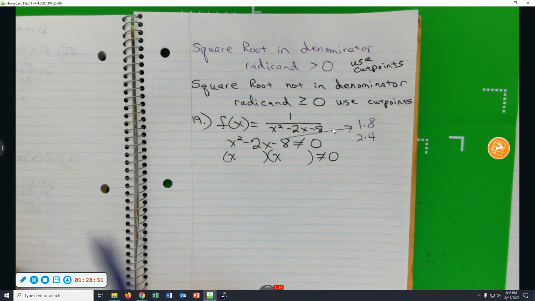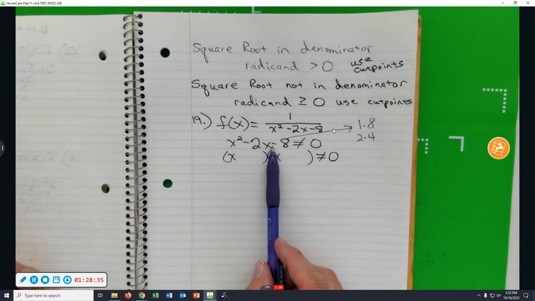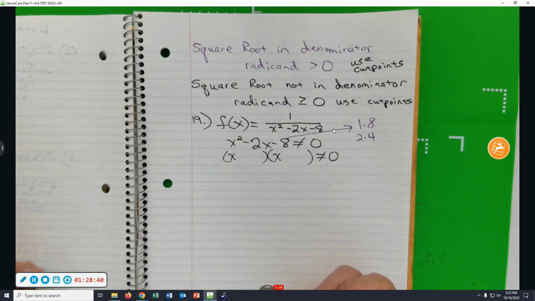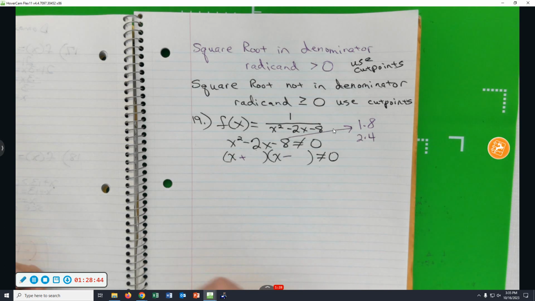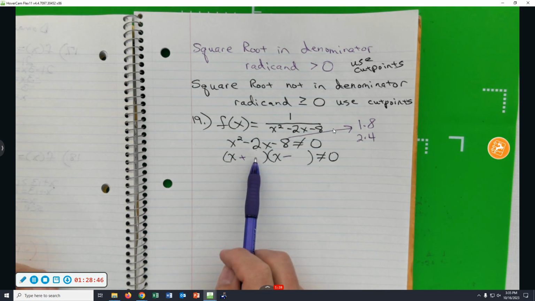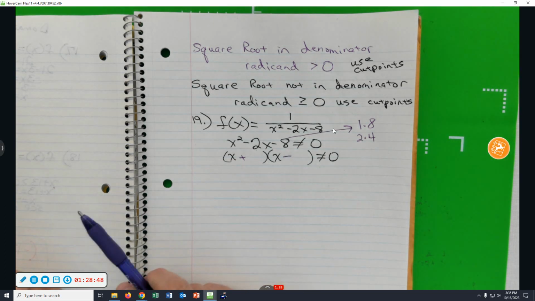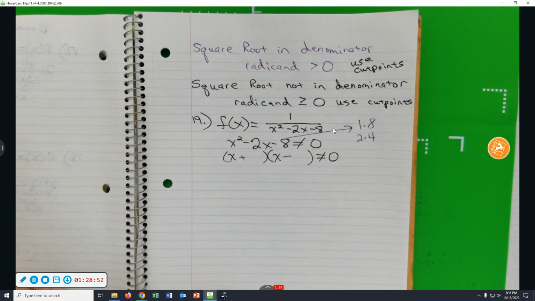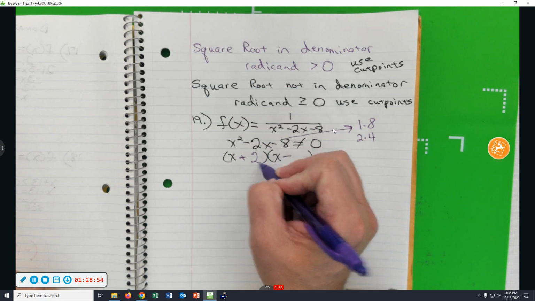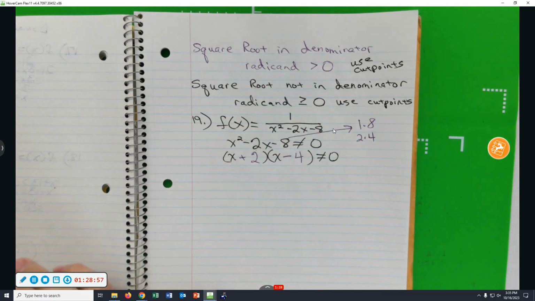Negative 2. So what did y'all say about the signs? One's going to be positive and one's going to be negative. So what's going to go with the positive and what's going to go with the negative in order to get that negative 2x? Plus 2 and minus 4. I agree.